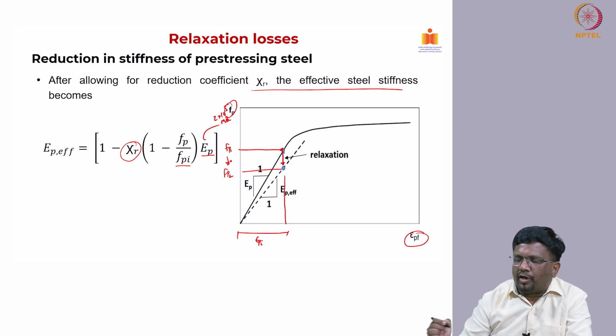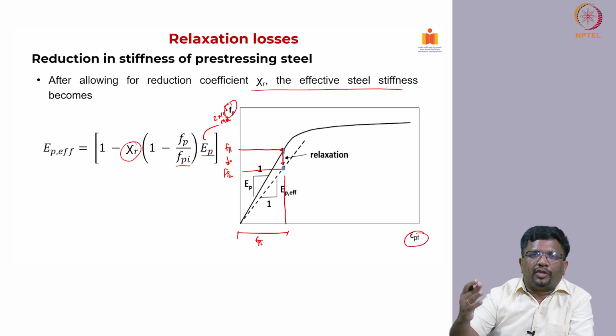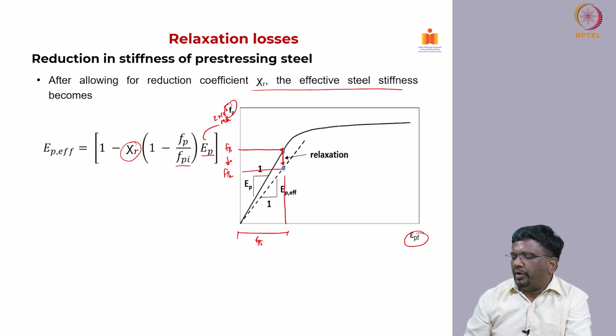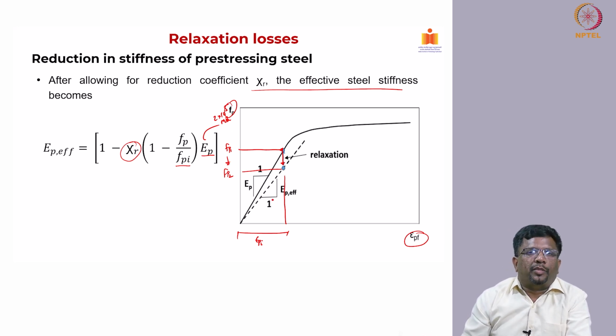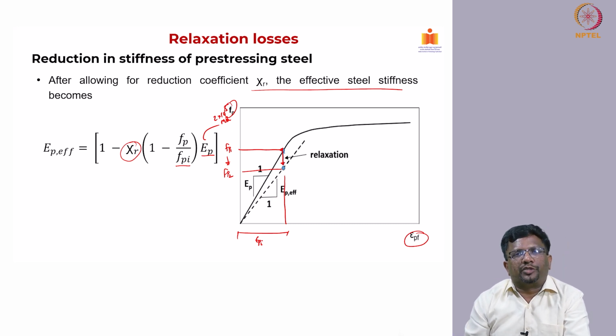So, it has come down. In a way, if you take the effective slope, the elastic modulus can be calculated by FP2 by epsilon pi, and you see that there is a reduction in your material stiffness. So, this equation basically helps us to capture that reduction in your material stiffness.